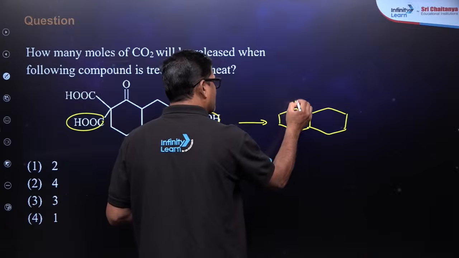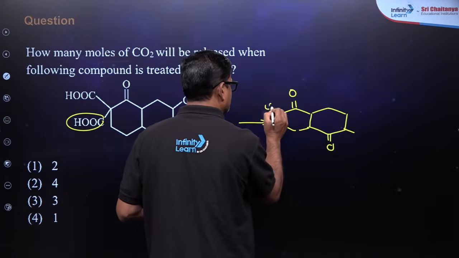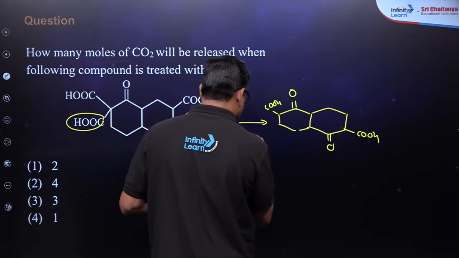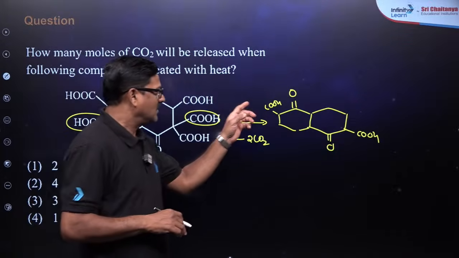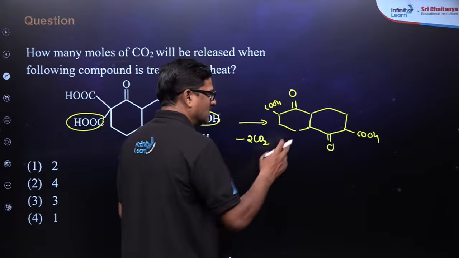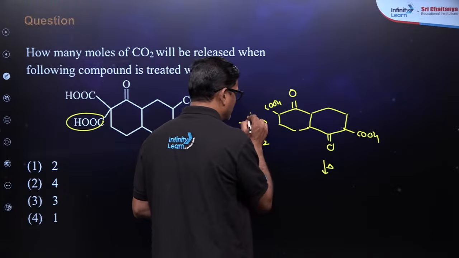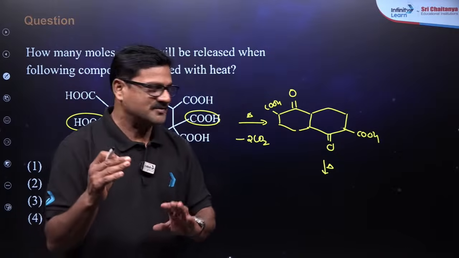And it is going to be double bond O, double bond O. So 2 CO2 are eliminated. Now this is alpha and beta. So this is further heated. I wanted to show it in a single step, but let it be 2 steps.